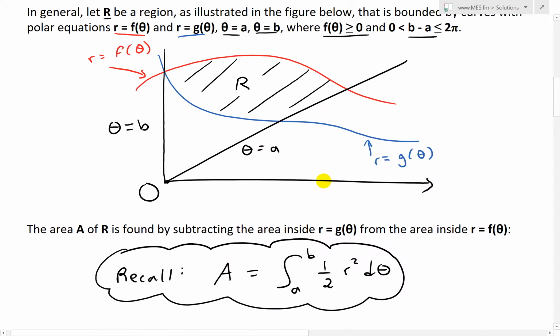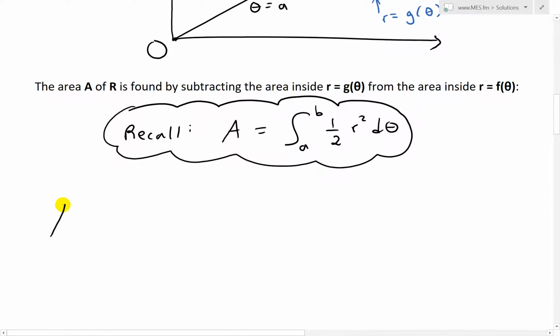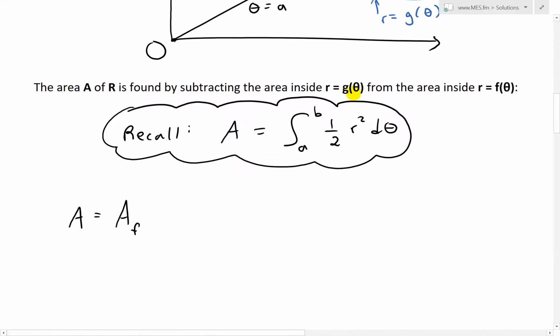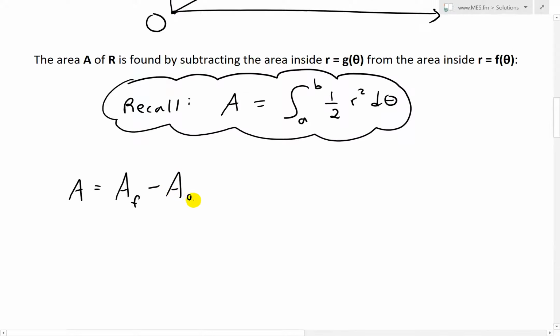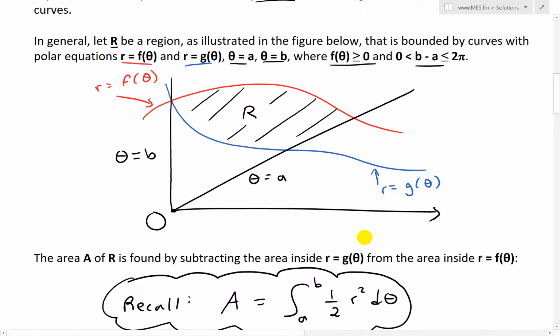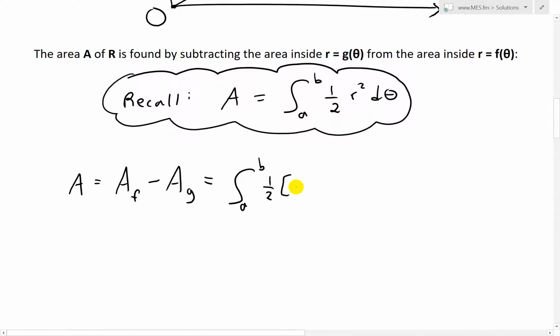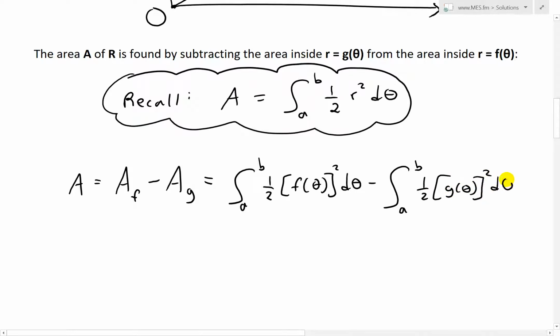So now the area of this region R is equal to the area underneath the f function minus the area underneath the g function. So this equals the integral from a to b of 1/2 f of theta squared d theta, minus the integral from a to b of 1/2 g of theta squared d theta.